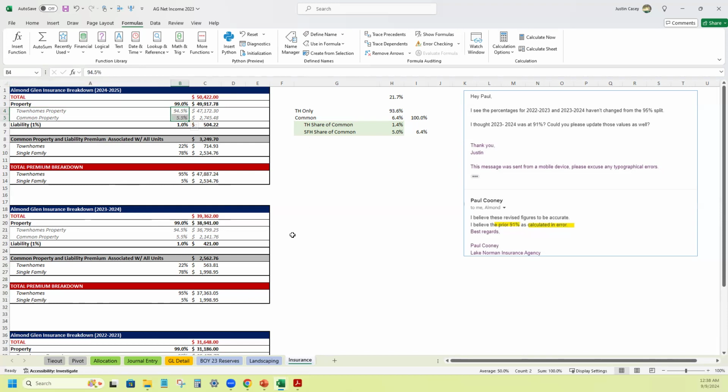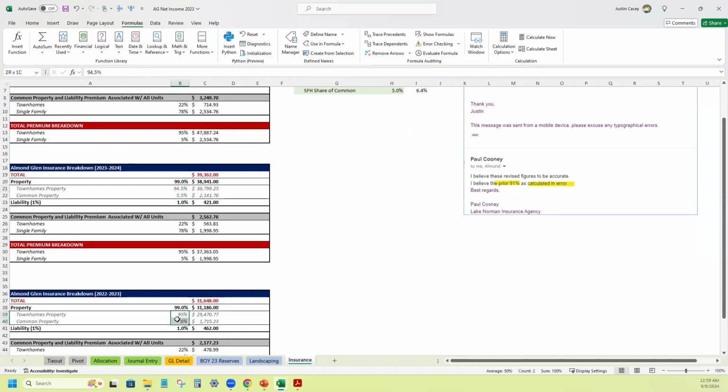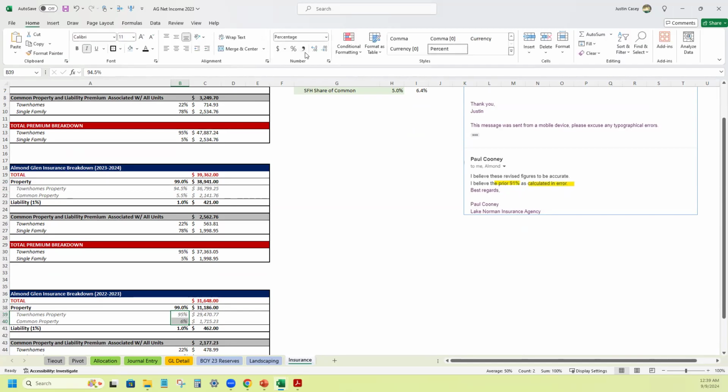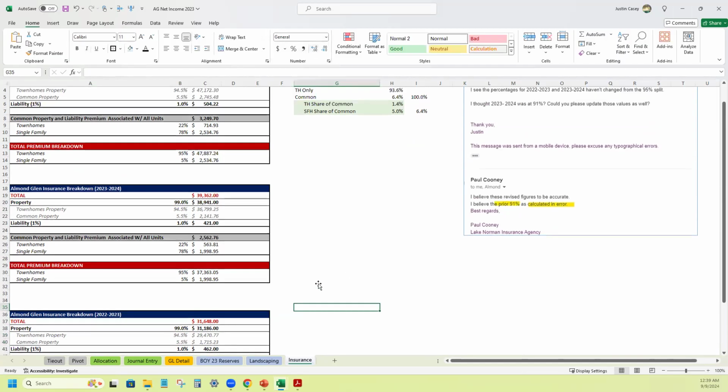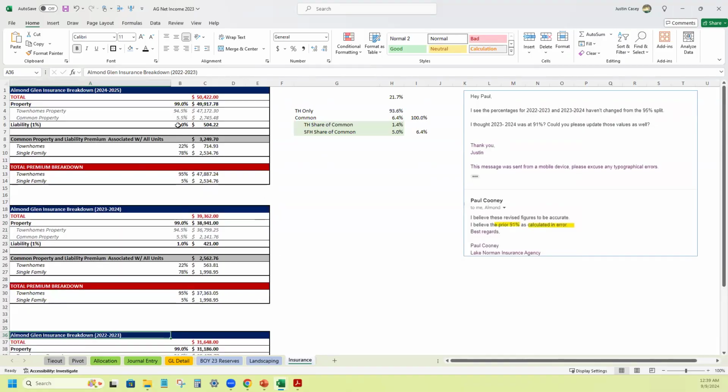These estimates, percentages, come directly from the insurance vendor. I got a 3-year history from him, and then 1% of our insurance cost comes from the non-property coverage, so director and officer liability insurance and things like that.